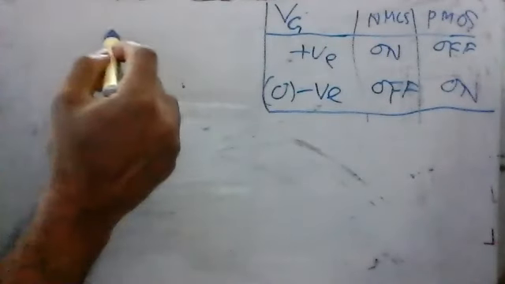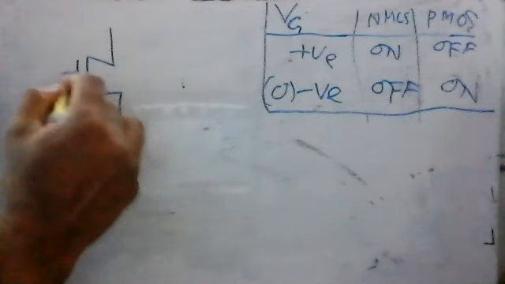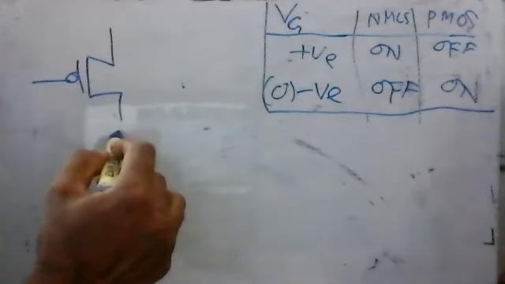So if we know that, then what we can do here, let's say we take one PMOS here and one NMOS here.